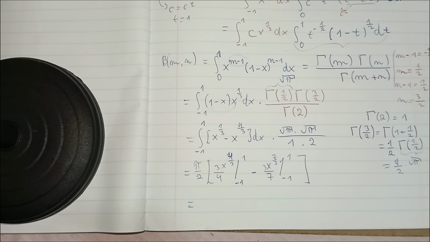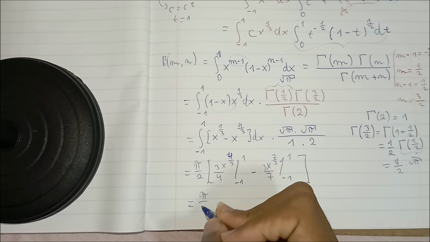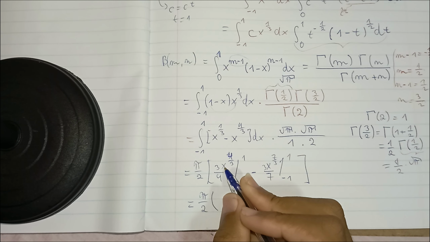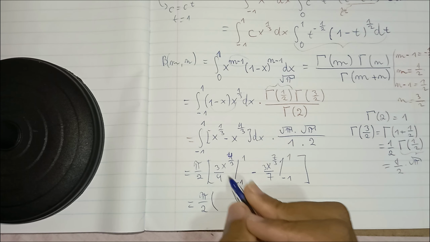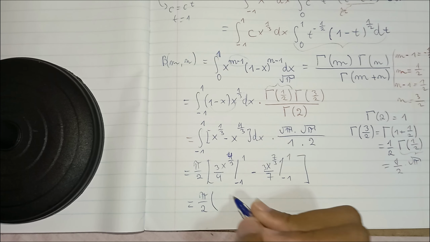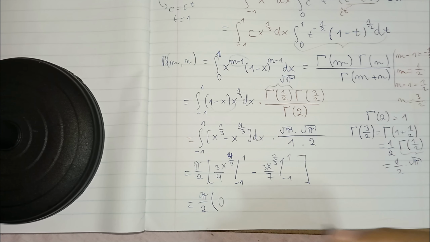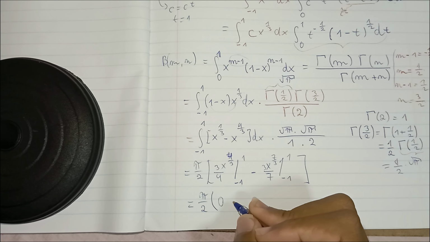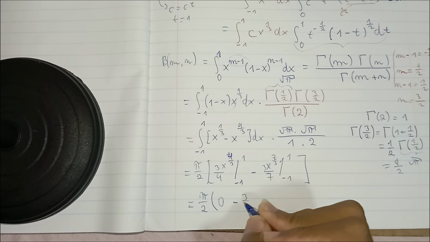Then we get pi over 2. Here, let's see, we get 1, and here we get 0. There we get 0, right? Let me think. Yeah, it's 0, guys. Then here, how can we do? 3 over 7.